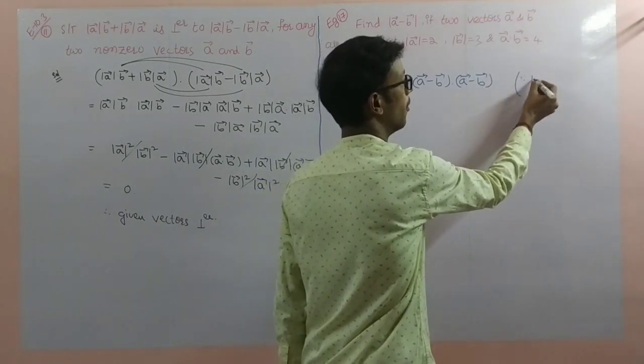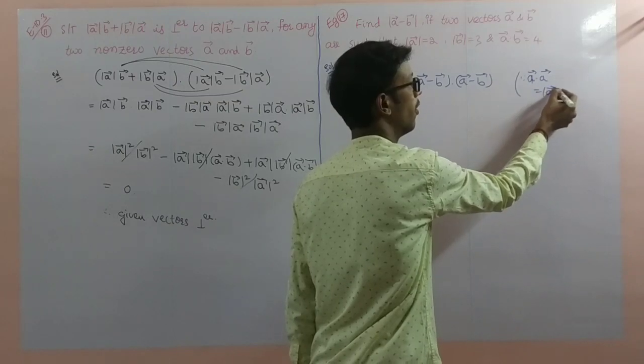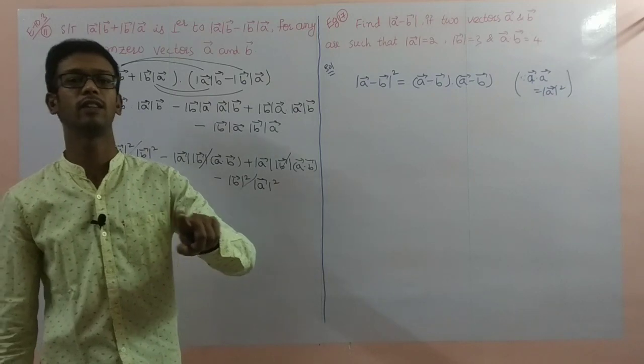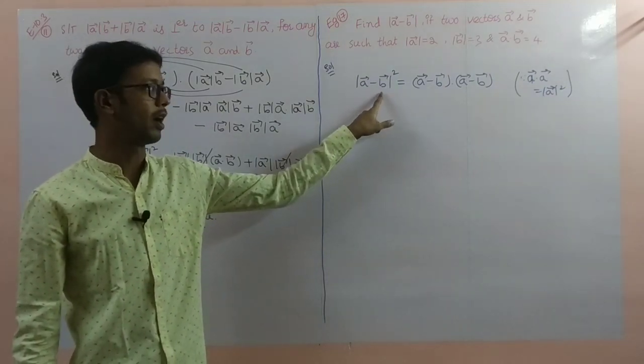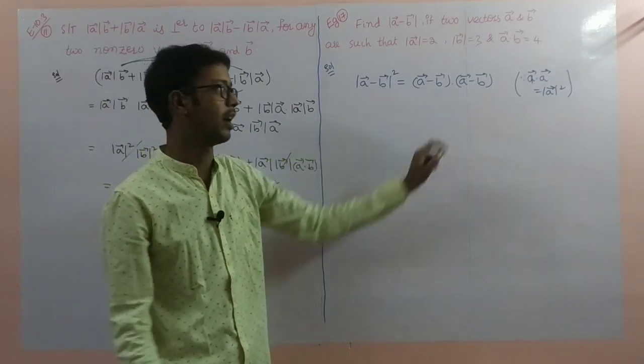Since here a bar dot b bar is equal to magnitude of a bar square, in reverse I am writing: magnitude of a bar square is nothing but a bar dot b bar. Here magnitude of a bar minus b bar square is a bar minus b bar dot a bar minus b bar.